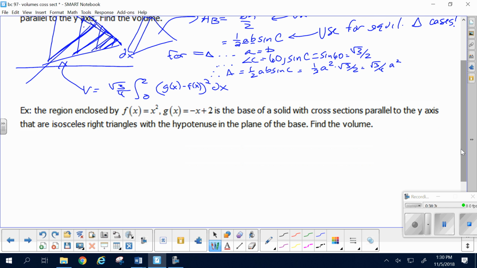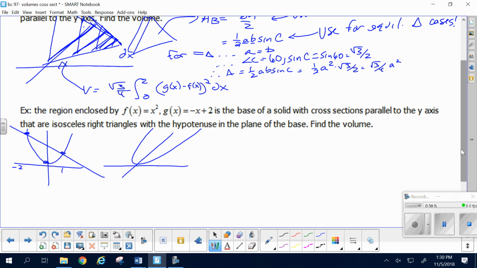But for this one, let's do the graph that I'm giving you. It looks like this in 2 dimensions. And I believe they meet at -2 and 1. Make that graph look nice.